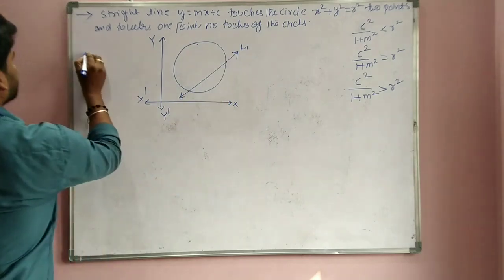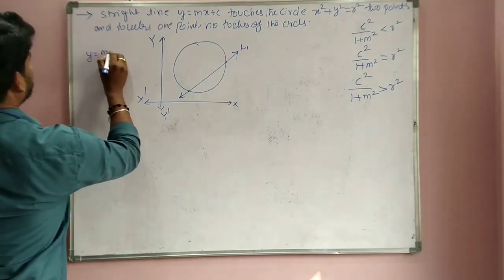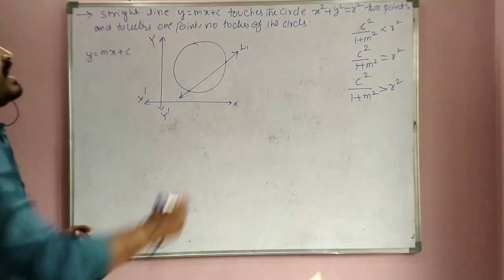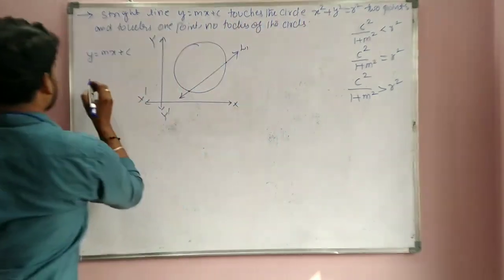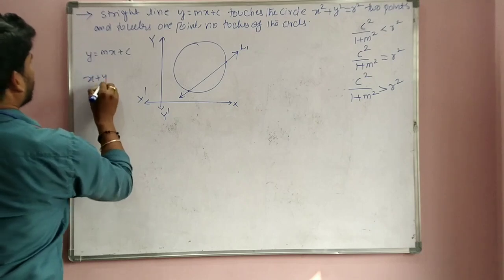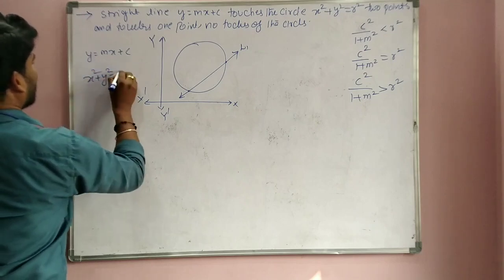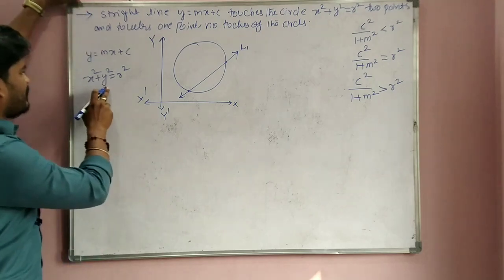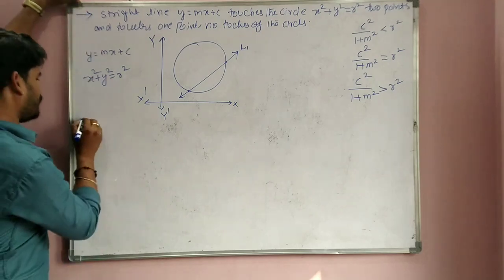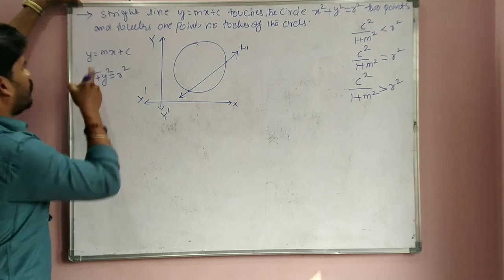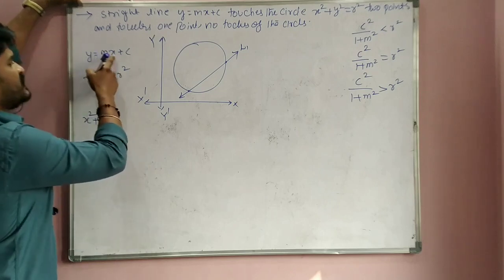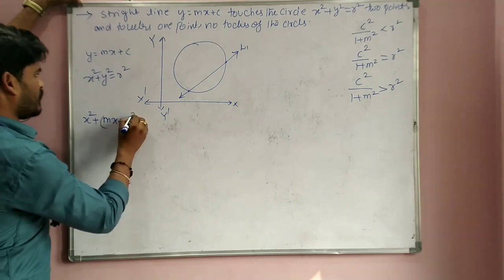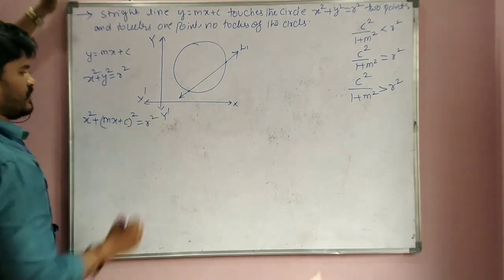Therefore, the straight line is y is equal to mx plus c. The circle is represented by the equation x square plus y square is equal to r square. So we already know that x square plus y square is equal to r square. Therefore, substituting y is equal to mx plus c, we get x square plus (mx plus c) whole square is equal to r square.